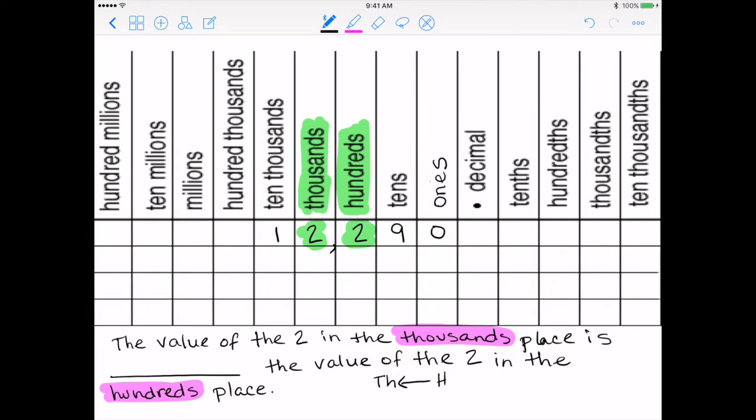That means I'm going to be moving to the left. So if you go from the hundreds and you move to the left one place value to the thousands, you've just moved 10 times the value.